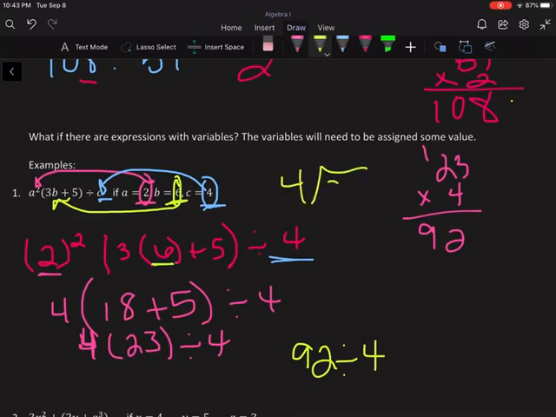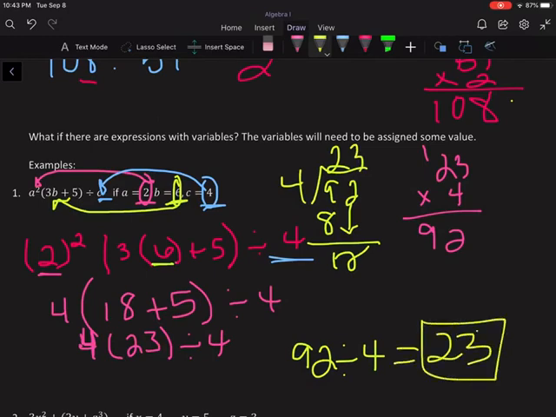And then divide that by 4. So it ends up being the exact same thing there. If you are able to recognize that if I'm multiplying something by a number and then dividing it by the same number, it clearly is going to be the same thing.